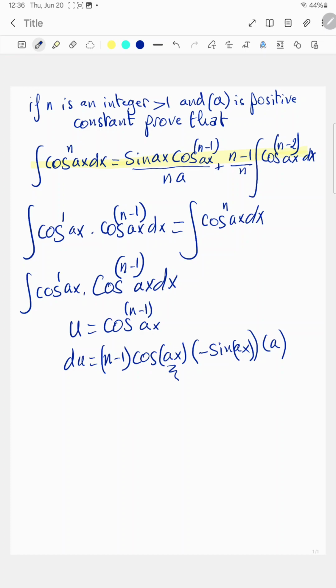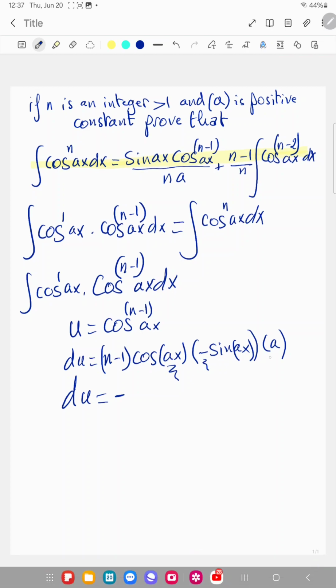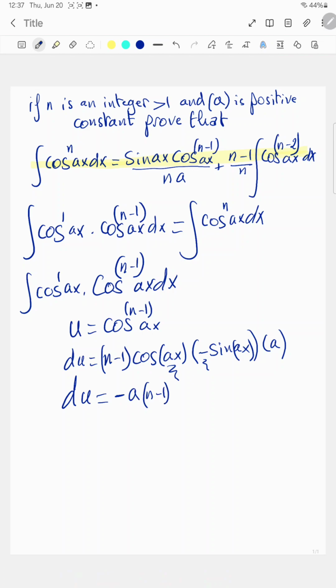So if I want to write it in a nicer way, my du, I will start with the negative that is here, then I have the a, and then n minus 1, and then cosine, sorry, I had n minus 1 here, so it becomes n minus 2, because when I do the derivative of the exponent, I have to take 1 from it.